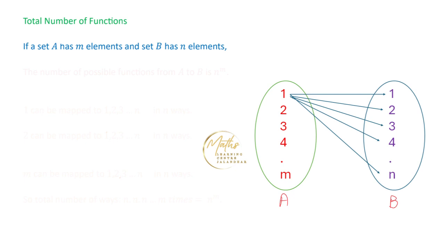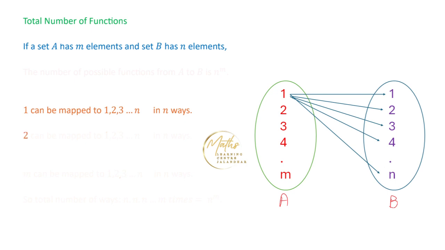So we are saying that the first element of the set, that is 1, can be mapped to 1, 2, 3, 4, 5, so on up to n. The situation is shown over here, that this first element can be mapped to any one of these n elements. So there are n ways to map this first element 1.